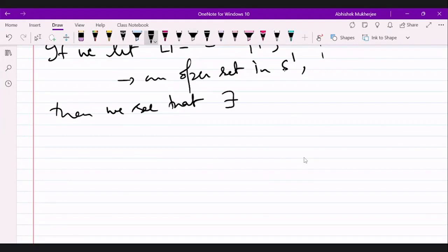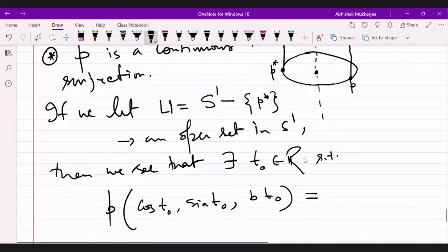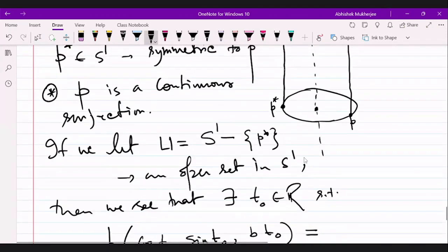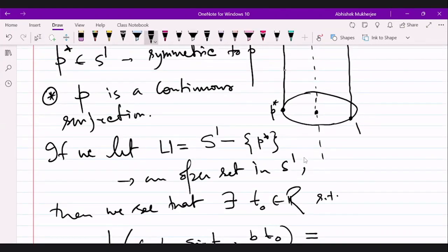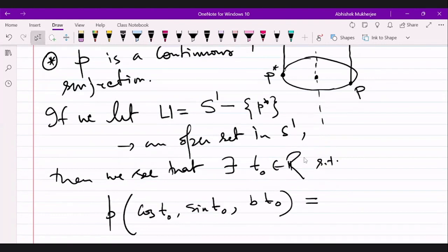So there exists some real number T naught such that phi of cosine of T naught, sine of T naught, and B T naught will be mapped to, let me call it, capital P. Yeah.